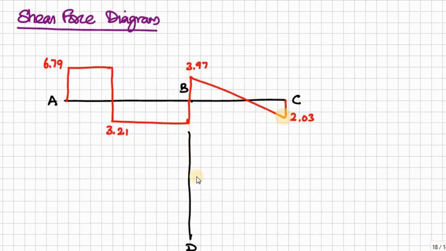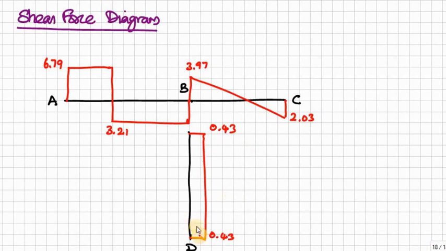For BD member, at B the horizontal force is there, so 0.43. At D also we have horizontal force. And remember, this reaction RD gives the axial compression in BD member. That won't make any shear force. So for BD member, only the horizontal force will make the shearing.